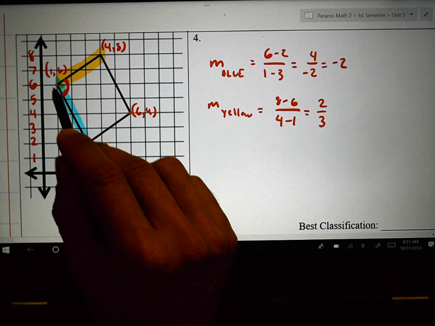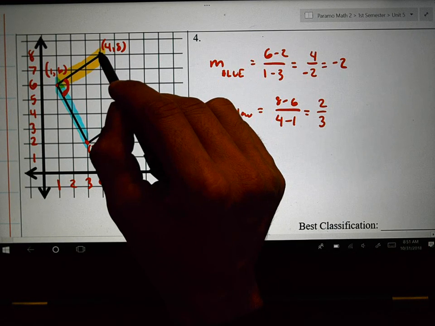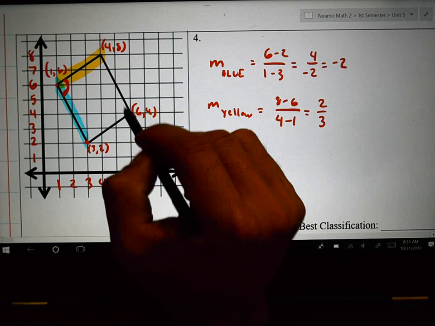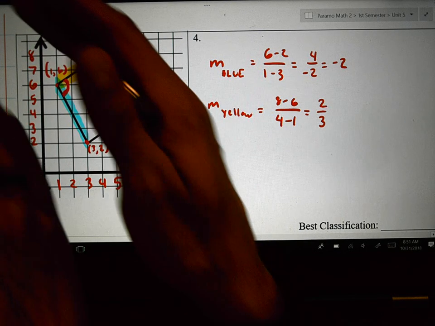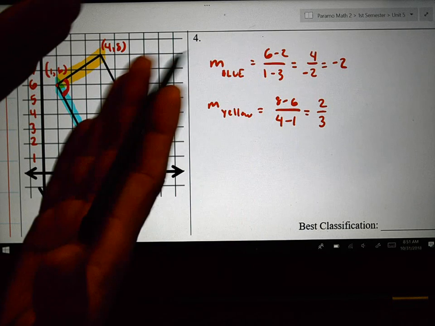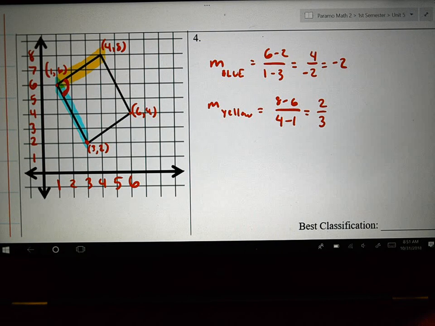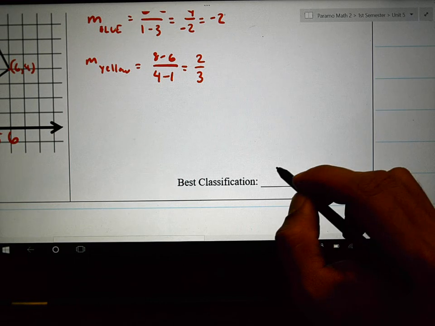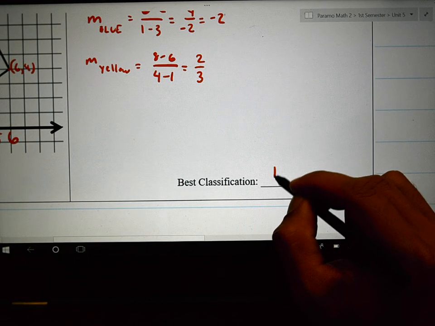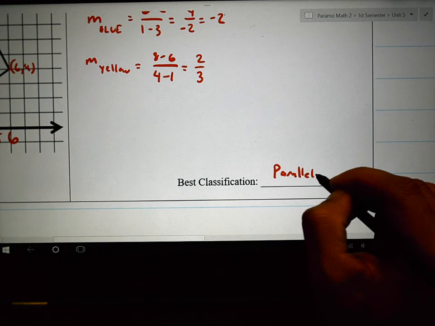Let's check this other slope over here. It's down 2 over 1. This slope is negative 2. So I know the opposite sides are parallel and the opposite sides are parallel. What does that make this shape? What's the best name for this shape? I bet you know. If you said parallelogram, you are correct.